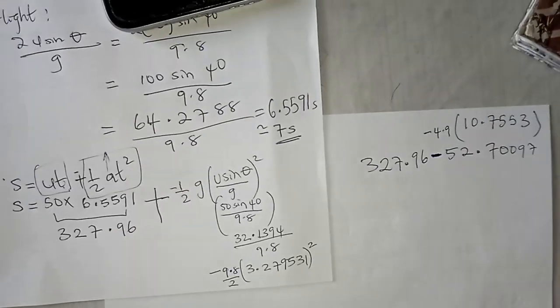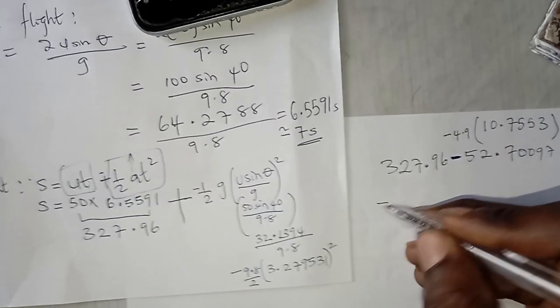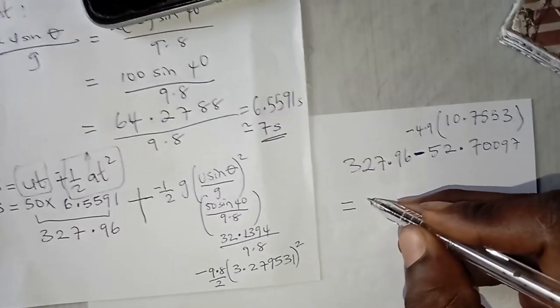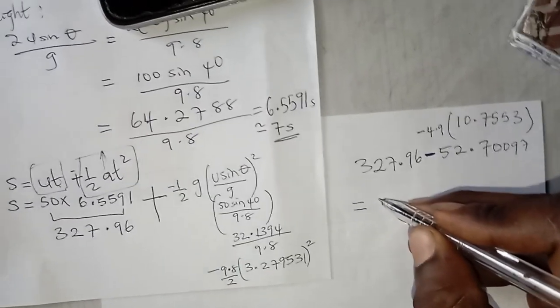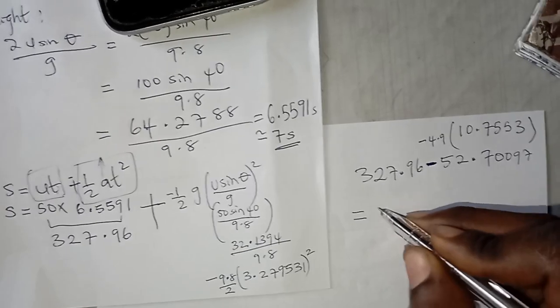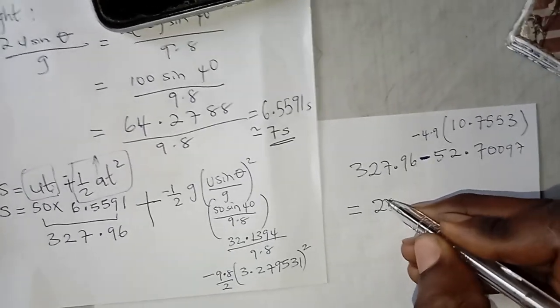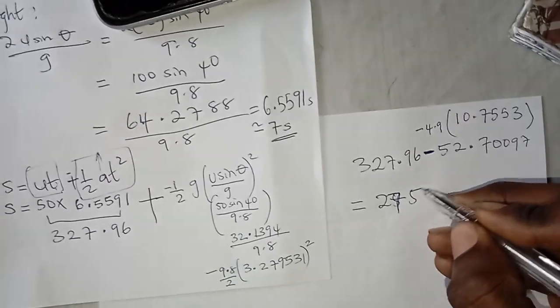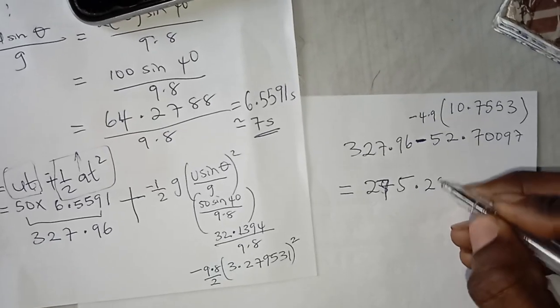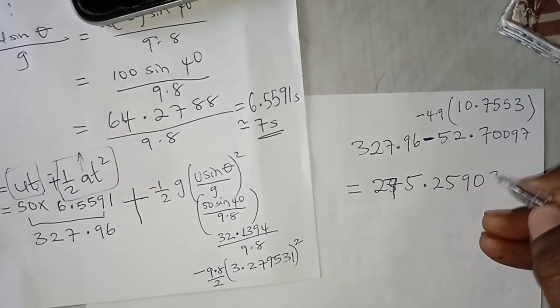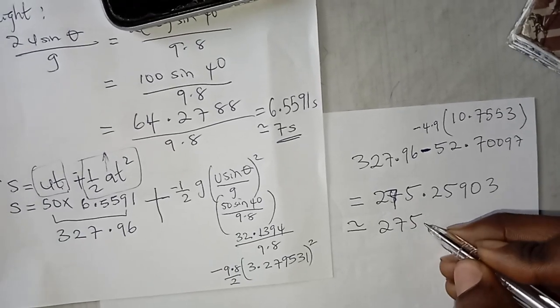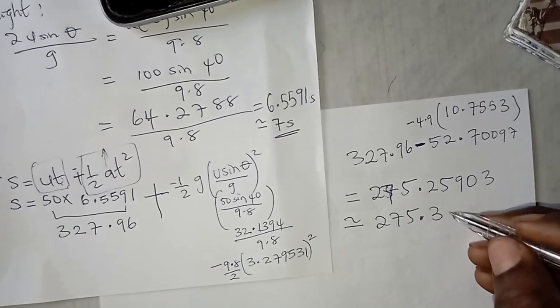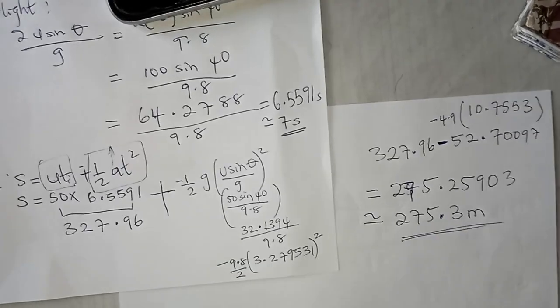I have 275.25903, which is approximately 275.3 meters. This is the displacement.